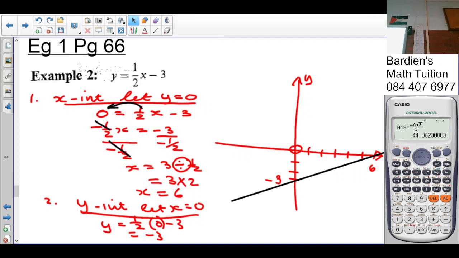So there's a graph. Make sure it's going through 6 that is marked on the x-axis, and on the y-axis, negative 3. It mustn't go through the point negative 3 and 6, or negative 3 and negative 6.